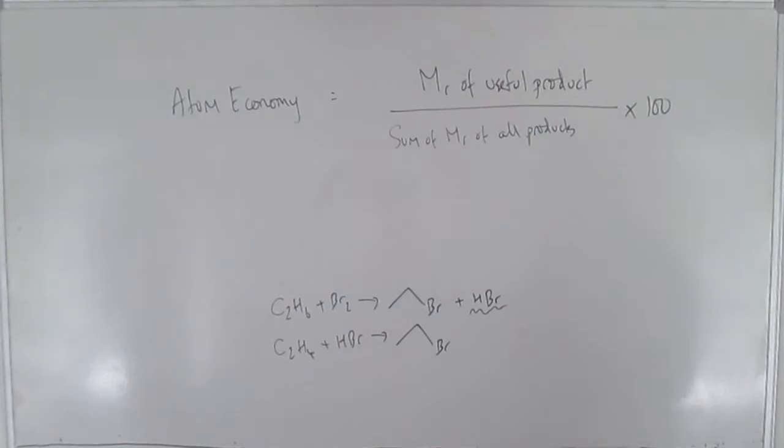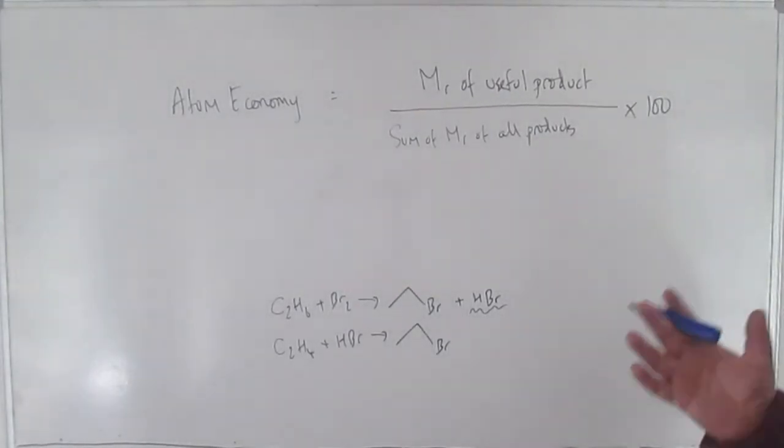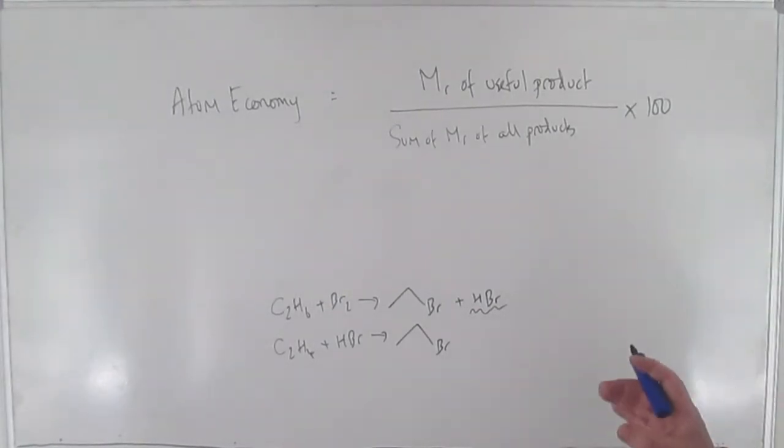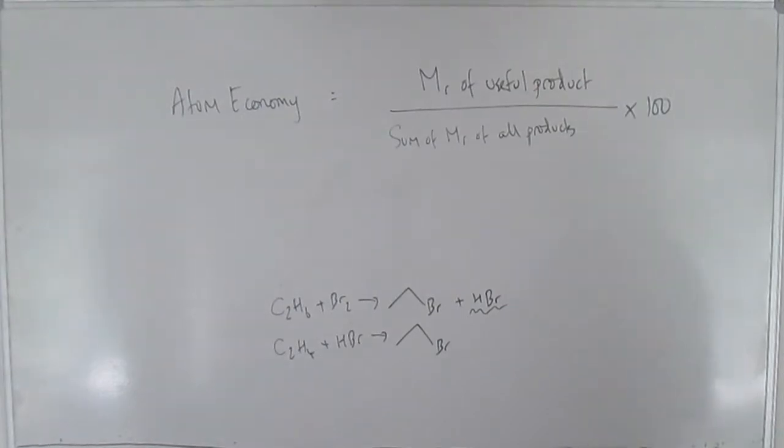It looks like a weird definition, but as I say, what that gives you in practice is what fraction of the mass of materials you put into the reaction mixture ends up as the useful product you're trying to make. And you can see how that is a sensible number to calculate.